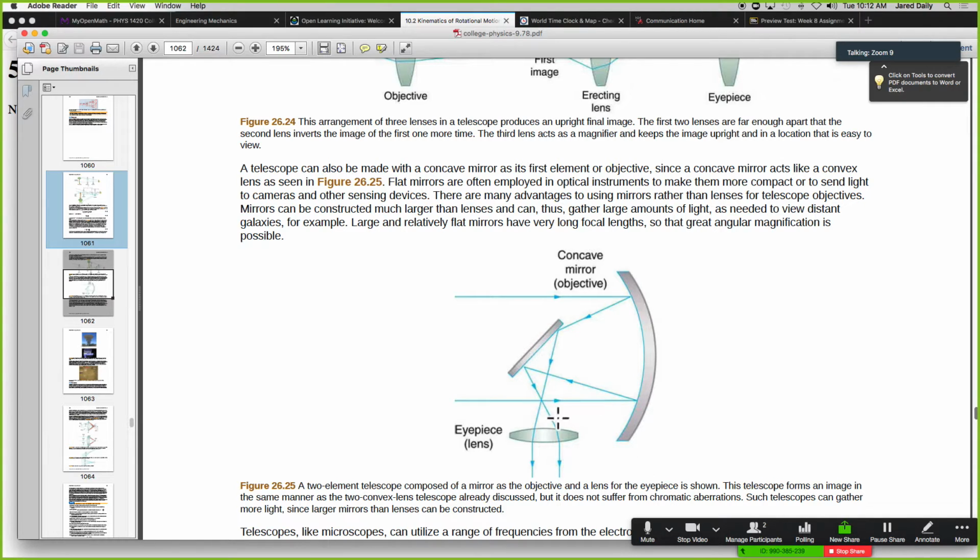And then instead of having an eyepiece, it just has a camera out here that collects all of the light and processes it, since nobody actually looks into that. A camera is a very simple way of putting it. It's a detector, a very high quality, very high technology detector.